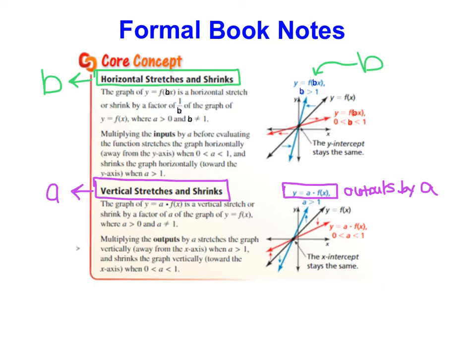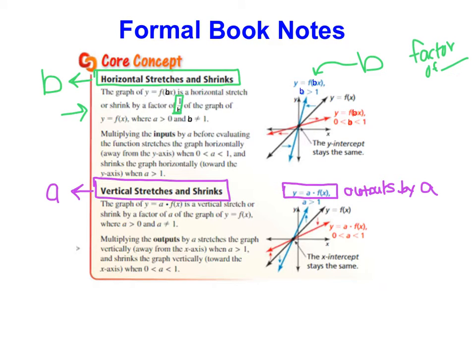Now, what is very, very tricky about this, and what you have to keep in mind, is if you read in here very carefully, it says the graph of y equals f of bx is a horizontal stretch or shrink by a factor of 1 over b. So as you read the instructions on the next page, you'll be told something like, you have a horizontal stretch by a factor of blank.